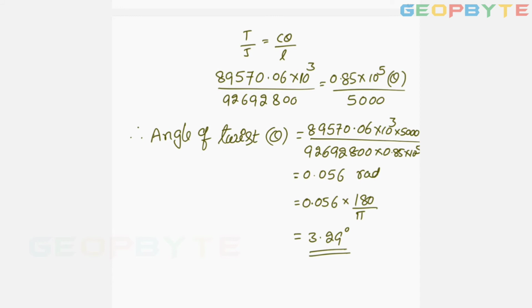That is how the angle of twist can be found for the hollow circular shaft. I hope all of you understood. If you need any clarification regarding this problem, you can send a message to me. Definitely I will explain to you.